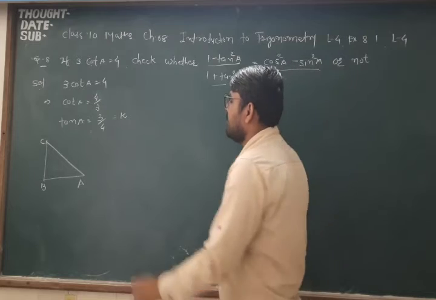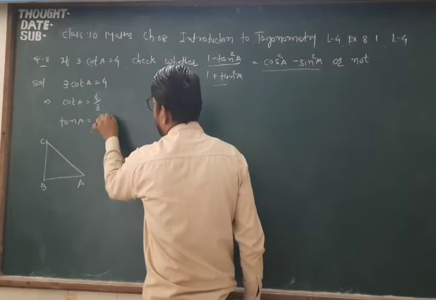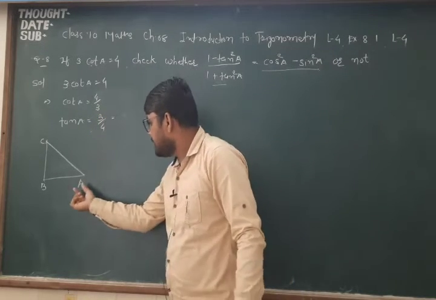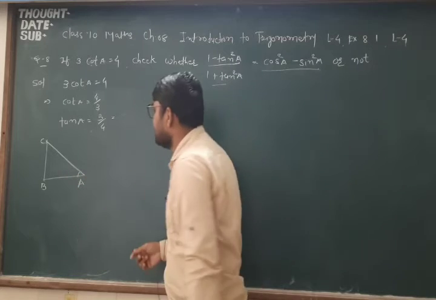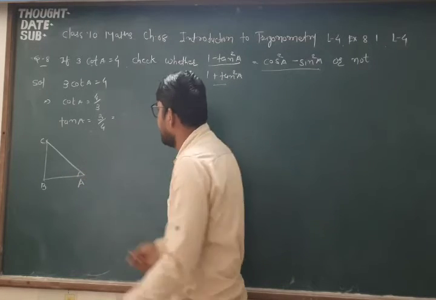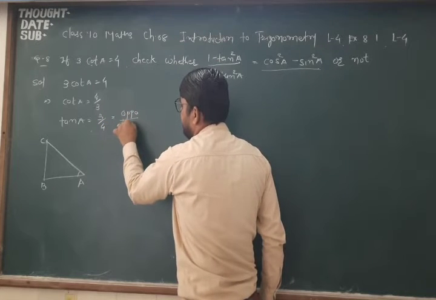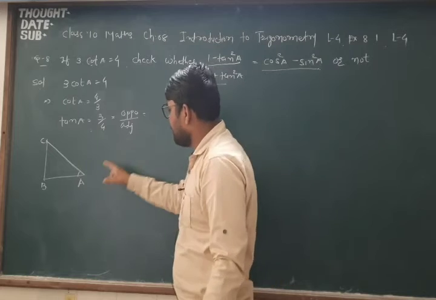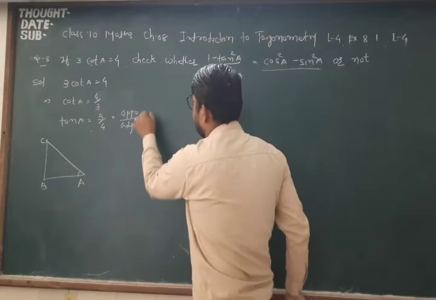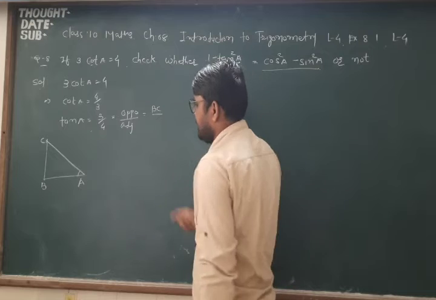And what is tan A? First of all, for tan A from this equation, suppose we consider this angle. So what is tan A? Tan A is nothing but opposite by adjacent. So what is opposite? That will be BC, and adjacent, that will be AB.